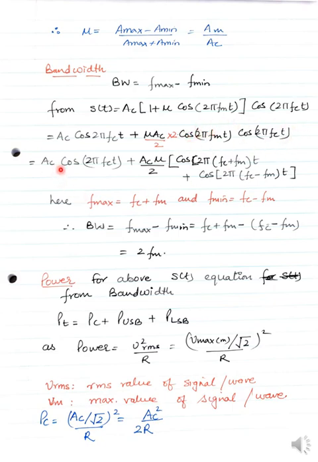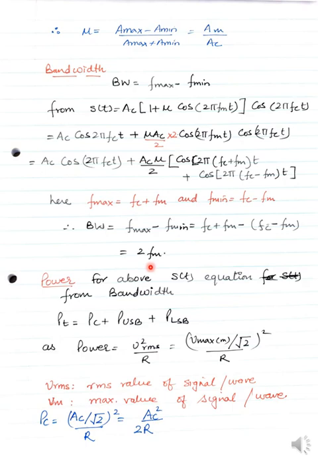So it will be Ac cos 2 pi fc t, and then applying the 2 cos A cos B formula, we will get this. Now if you see here, what's the maximum frequency we are getting? It is fc plus fm, and minimum is fc minus fm. So bandwidth is always maximum frequency minus minimum frequency, so it will be equal to twice fm.